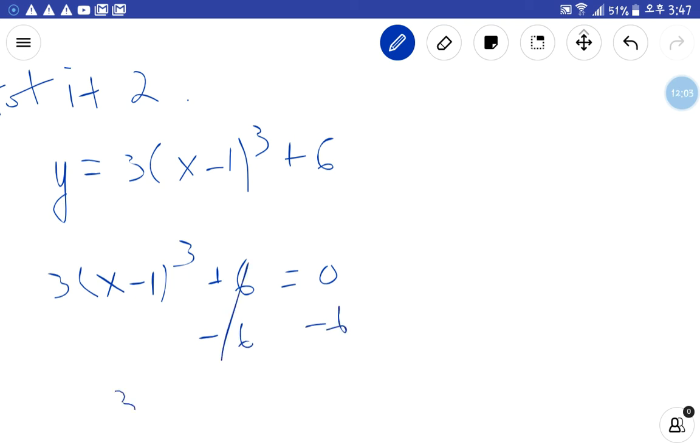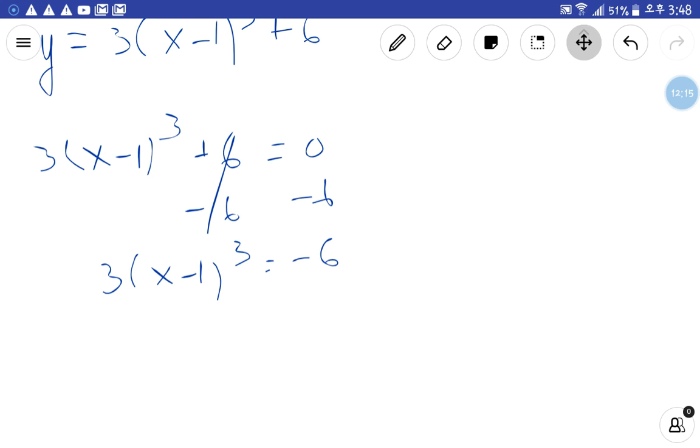And I have 3 parentheses x minus 1 cubed equal negative 6. Now what? You divide by 3 each side. Then you have x minus 1 cubed equal negative 2.